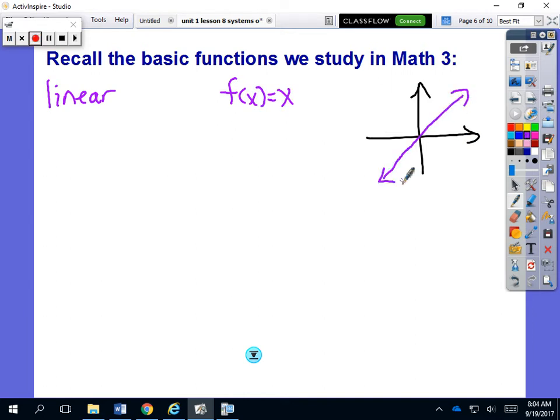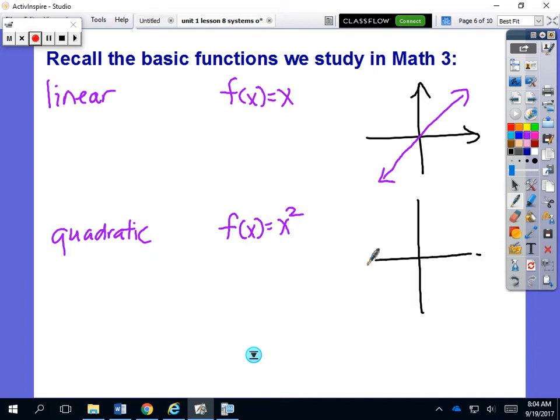The parent function goes through the origin. And then you've also got your quadratic function, f of x equals x squared. That's a parabola. The parent function has the vertex at 0, 0, and it's facing upward.